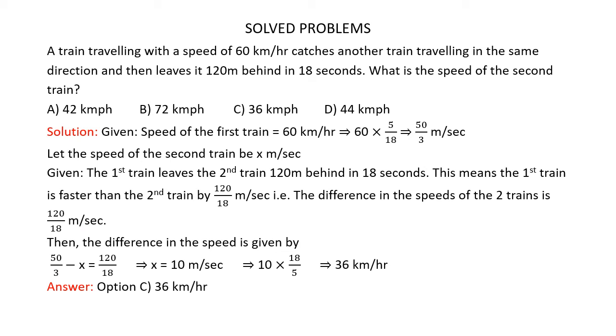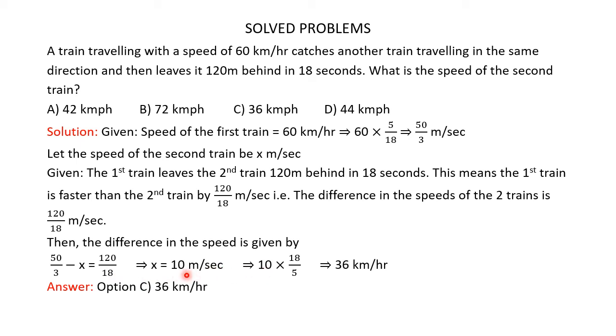Now we know that the speed of the first train is 50 by 3 meters per second. Speed of the second train is x meters per second. And the difference in the speeds of the two trains is 120 by 18 meters per second. So the difference in the speeds is given by 50 by 3 minus x is equal to 120 by 18. On cross multiplication and solving, we get x is equal to 10 meters per second.